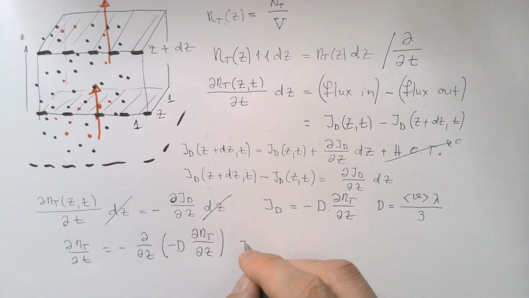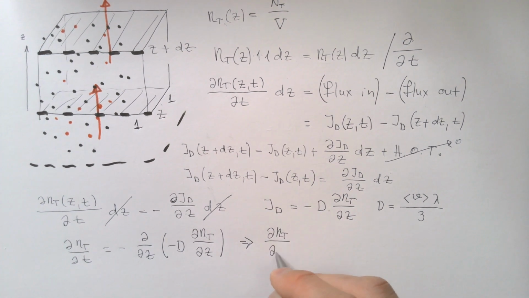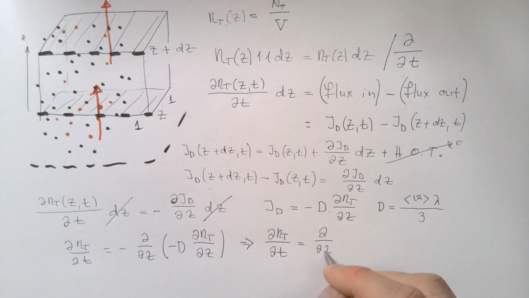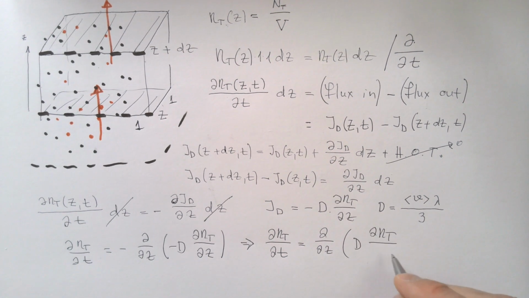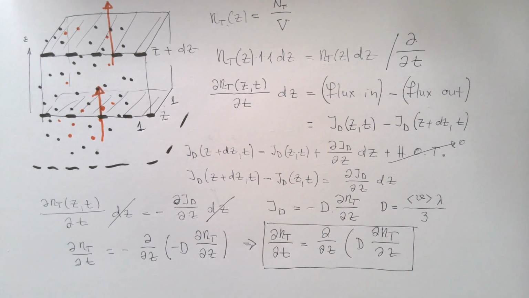Minus and minus will cancel, and we get that ∂nt/∂t is equal ∂/∂z of d ∂nt/∂z. And this is a very beautiful result.